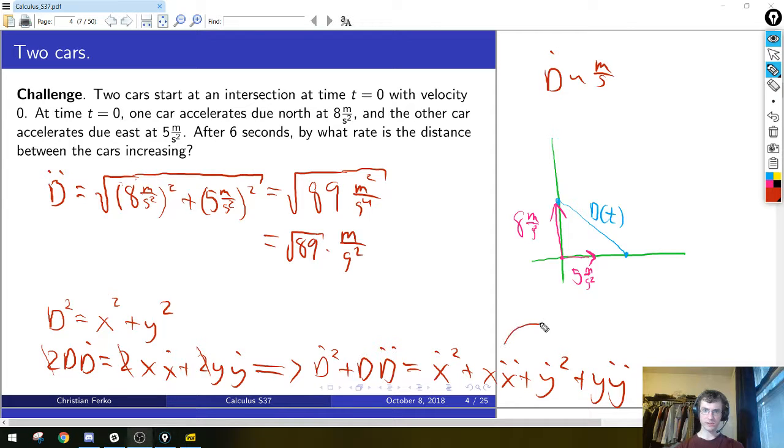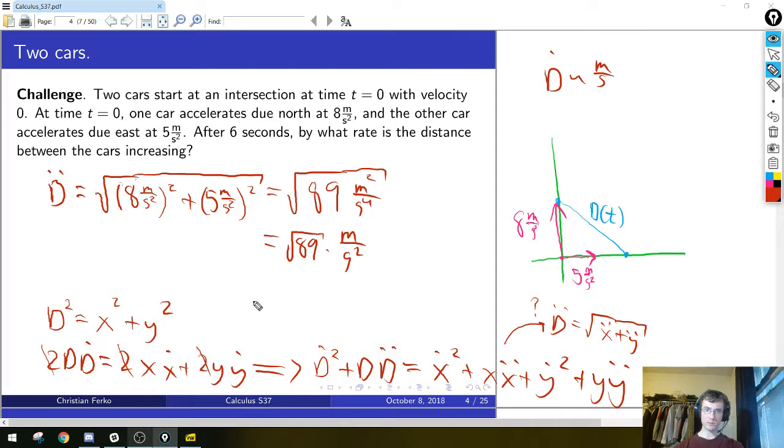So is it true that d double dot equals the square root of x double dot plus y double dot? I actually don't think this is going to be true, right? Because we have these extra terms in here. Maybe I'm wrong. Let's see, does this actually work? Well, let's just see if we get the right answer and then we can come back to it.